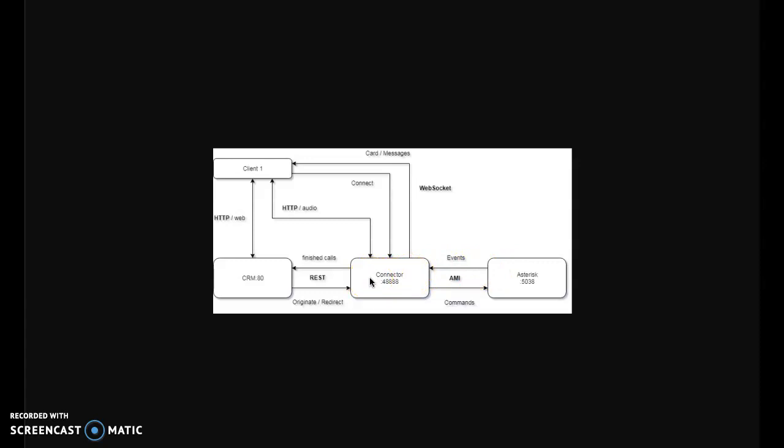It reduces potential network issues between the connector and call recordings. The connector can send audio directly to the browser on request and doesn't need the CRM to handle that. It's a short description of what the connector can do.